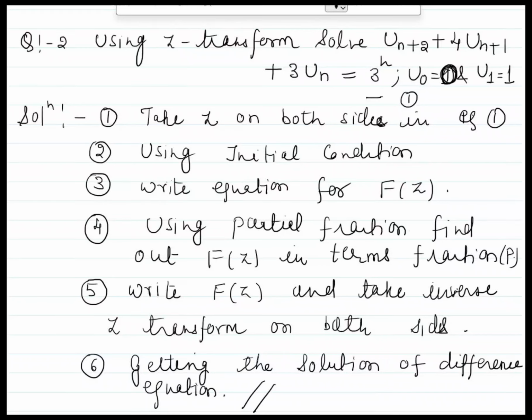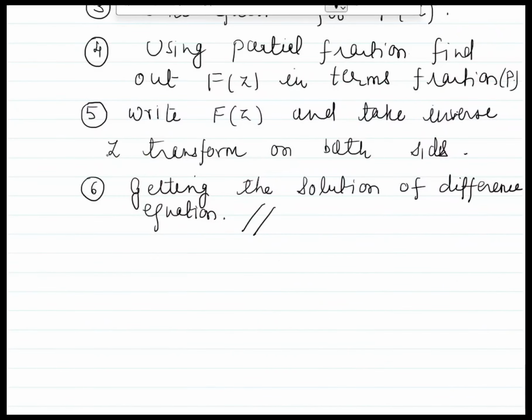We have to find the solution of this difference equation by the method of partial fraction. I am writing for you the value of A: you will get 3/8. The value of B is minus 5/12, and the value of C is minus 1/24.